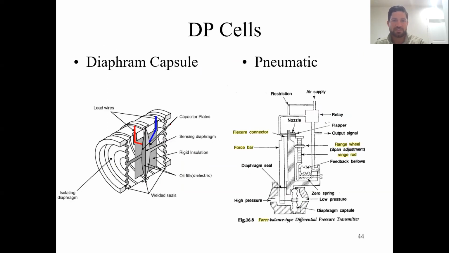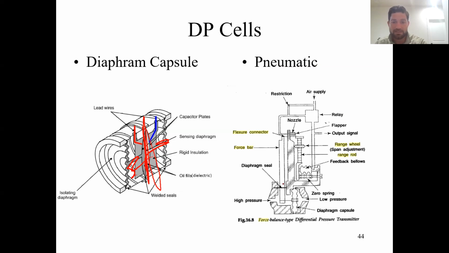Okay, so this just shows examples of DP cells. DP cells can be based on these little capsules where, based on pressure difference on each side, this diaphragm right here can flex one way or another, and the flexion can be measured as an electronic signal. There's pneumatic force balancing.